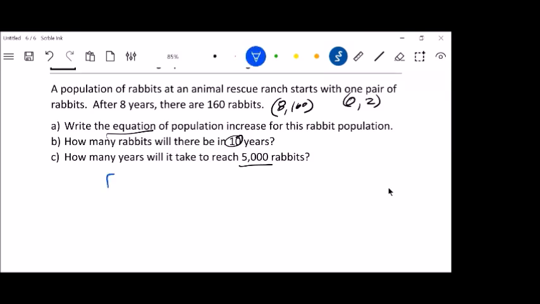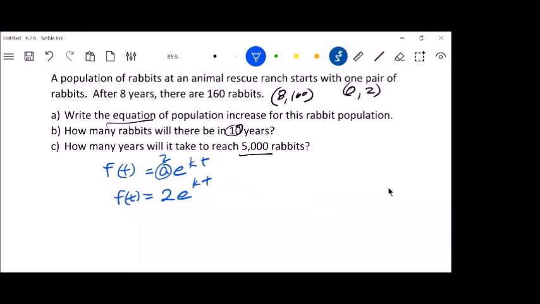So the equation, the function of time, equals Ae^(kt). So the A we know is 2, that's the beginning. So the function of time is 2e^(kt). And now we will use the 8 and the 160. So 160 will be the result when it's 8 years.